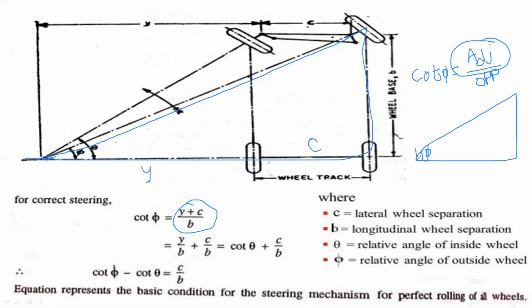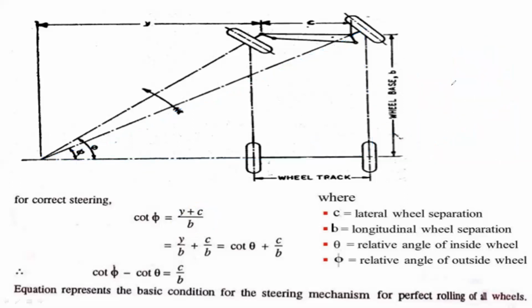The distance is y and c, so we should add this distance, y plus c. That is the adjacent side, and the opposite side is b. So we can calculate cot phi is equal to y plus c by b.